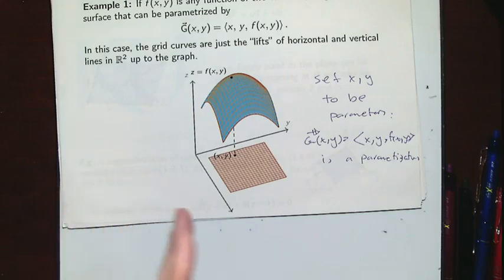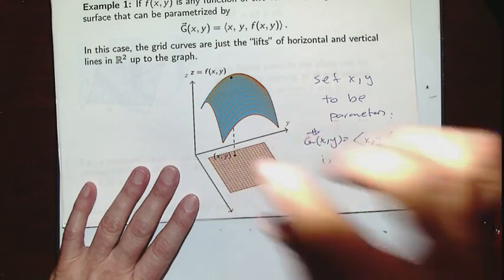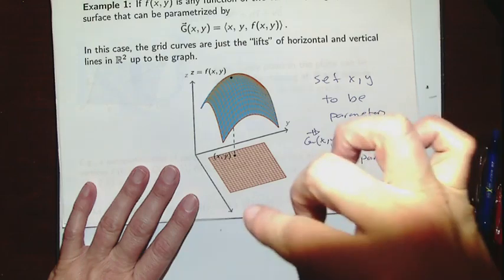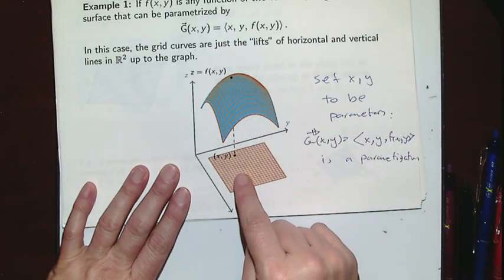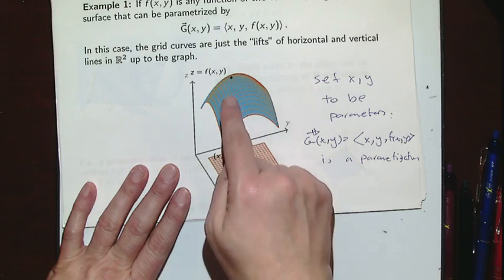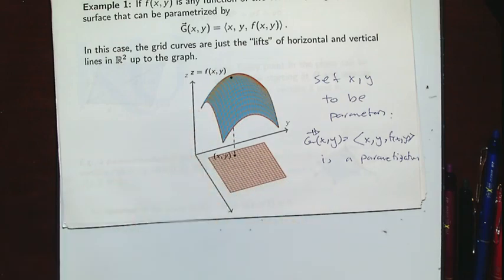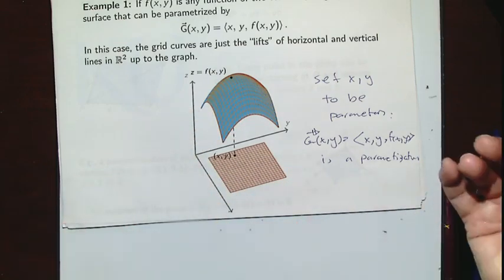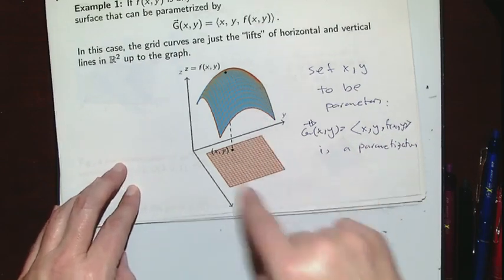So what is happening is that eventually, not right now, toward the end of today, I'm going to start talking about how every little rectangle in the grid goes to another little rectangle over there in the surface, and there is a rescaling factor in the area that we're going to compute. It's going to be very close to the Jacobian.